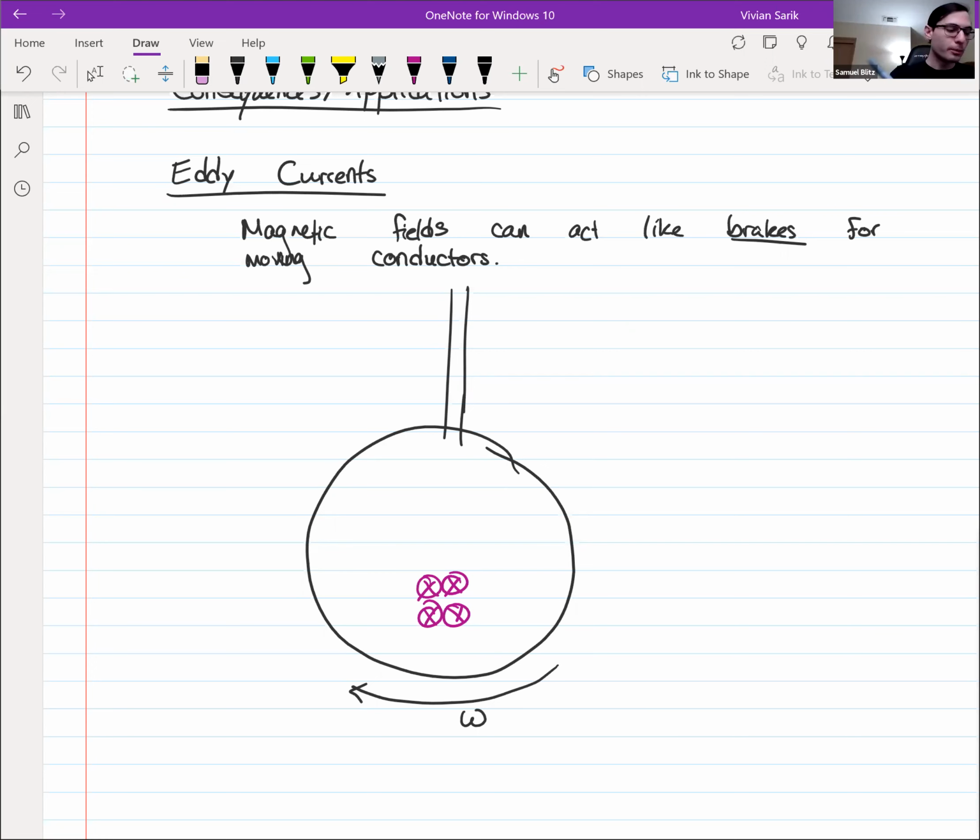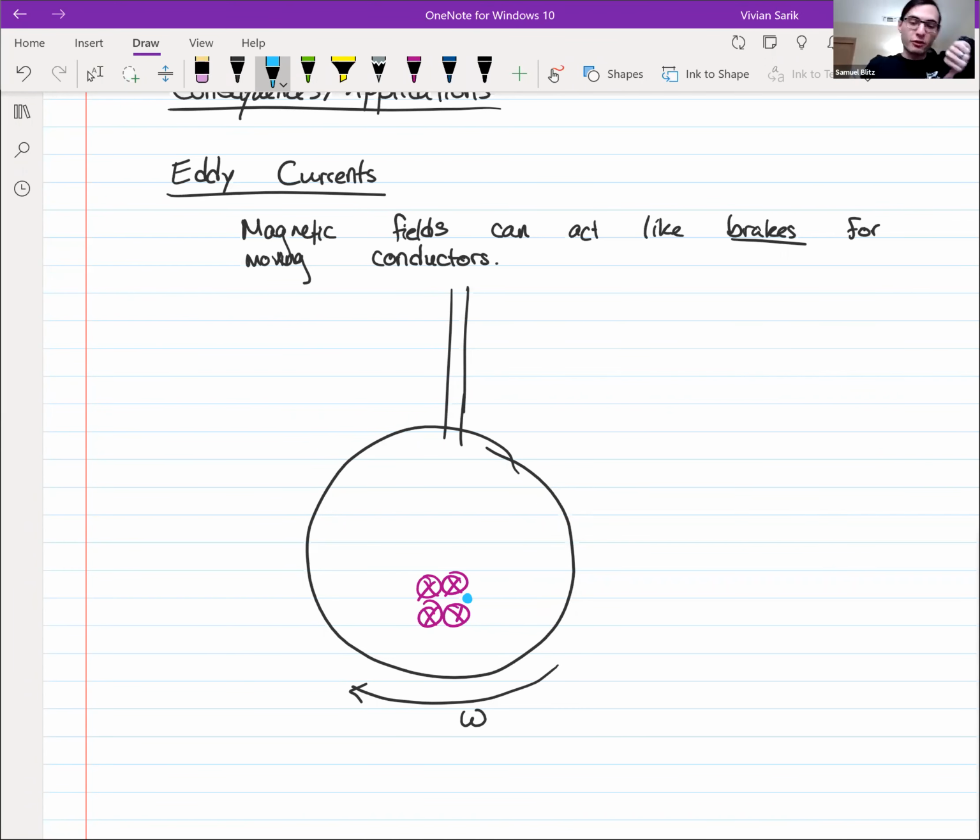So we know that the charges that are here, say a charge on the right side, it's currently moving to the left, and it will experience a magnetic field into the screen, right?